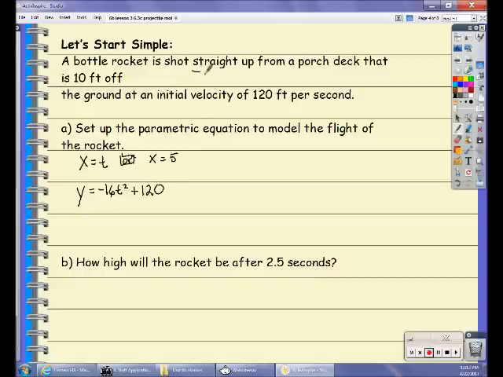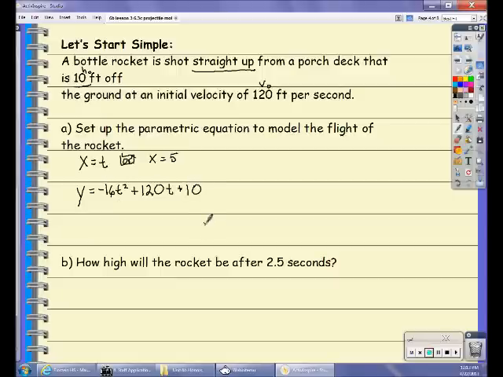Because it went straight up, we know that we just have sine of 90, which is 1, so we are going to ignore that for now and just call it 120t. Initial height, h sub 0, is 10. This was h sub 0, this was v sub 0, and negative 16 never changes.